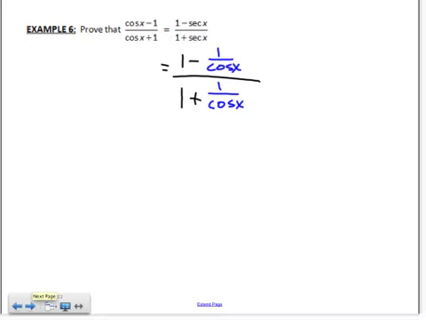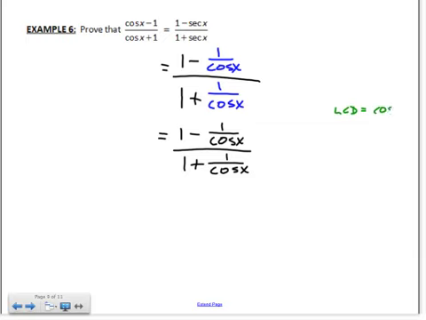And so what we can see now is we have a complex fraction, and how can we make that complex fraction better? We can make this better by taking that fraction and multiplying by the common denominator. Look at all of our denominators. Our common denominator, our LCD, is cosine of x.